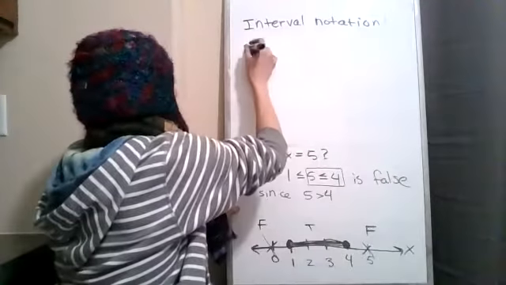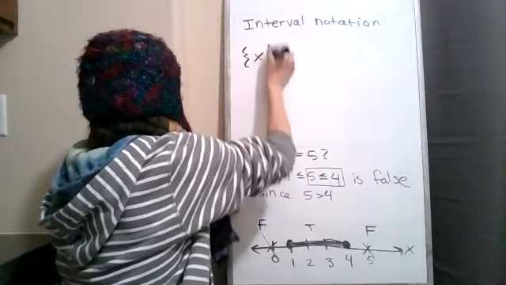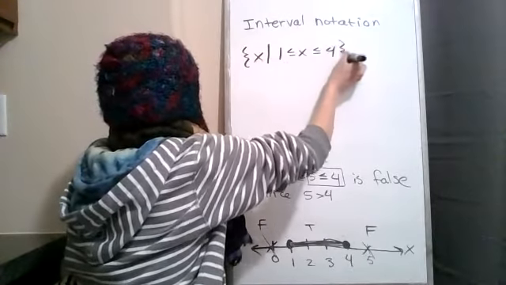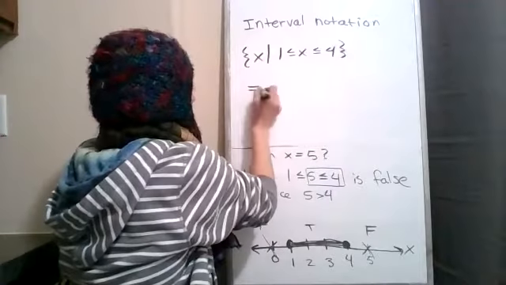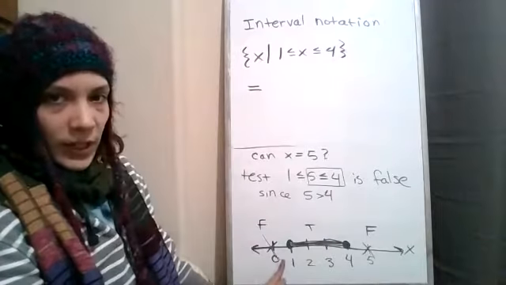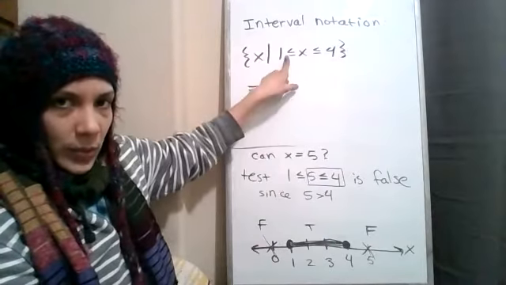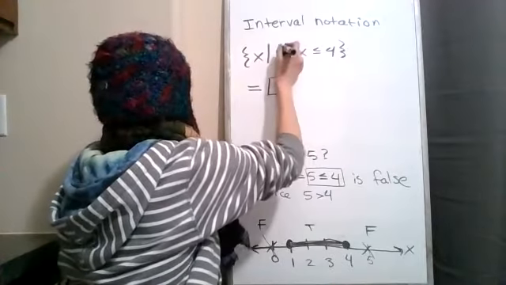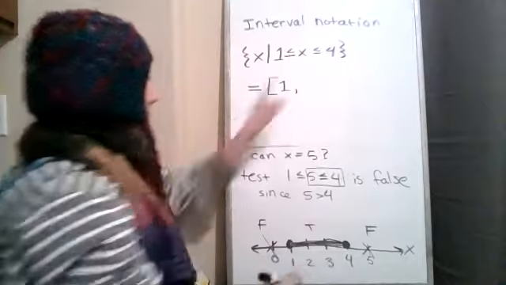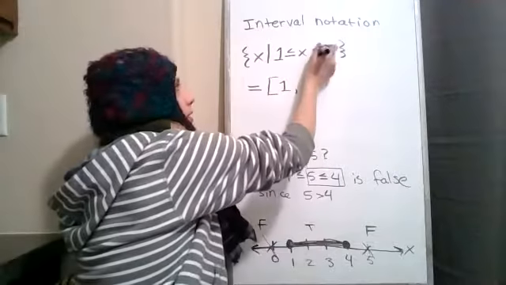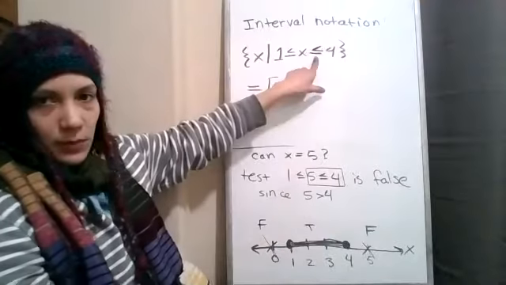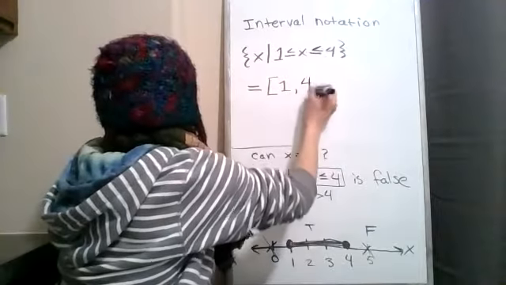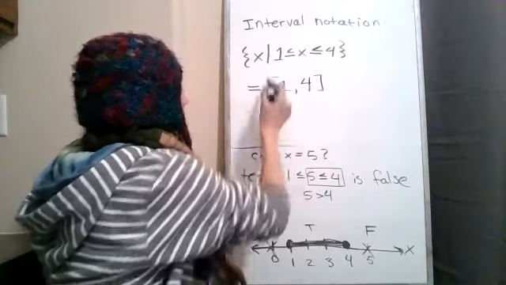Okay, so you had this x, switch that 1, switch the x. This set is equal to the set that goes from 1, including 1 with a square bracket, and then over to 4. With the equal sign part, you include 4 with a square bracket. And that's your answer.